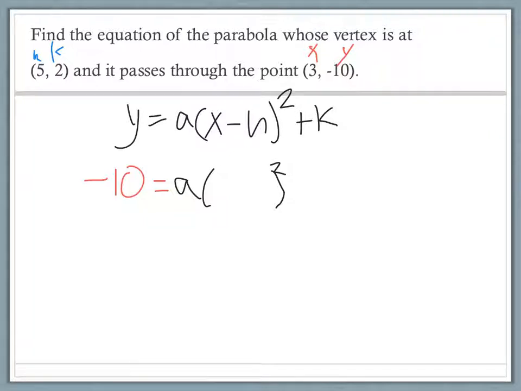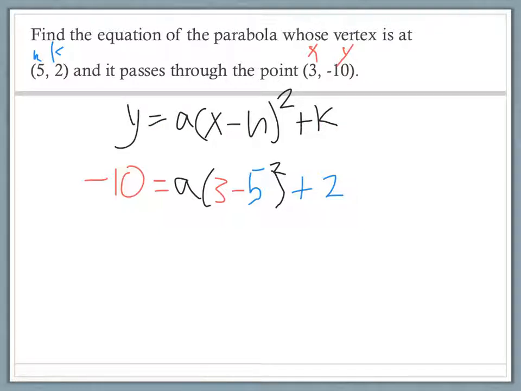Our x value is 3, so I'm going to put 3 minus my h, which is 5, and my k, which is plus 2. If you notice, I just plugged the points from up here, the h, k, x, and y, into this form.